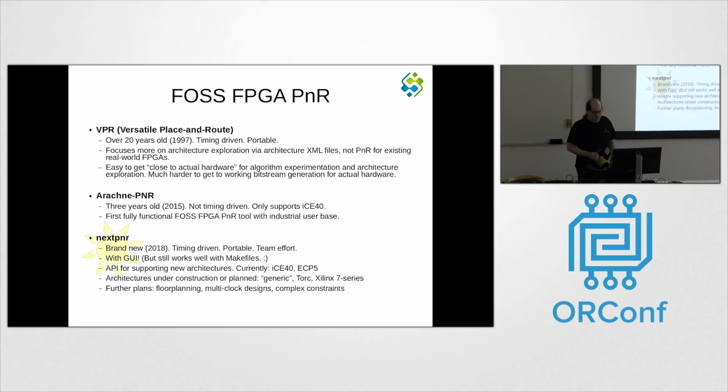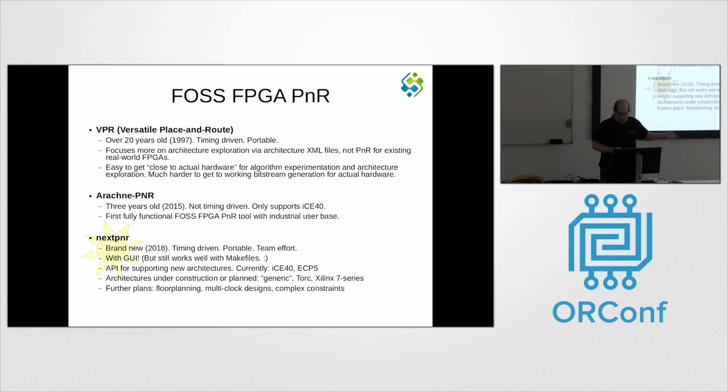So currently we have two architectures that seem to work quite well. One is ICE40, the other one is ECP5. The architectures that are currently planned or under construction include a generic architecture that would allow you to essentially build the routing graph and stuff like that from your Python script. So that can also be used for stuff like prototyping and maybe even exploring architectures.